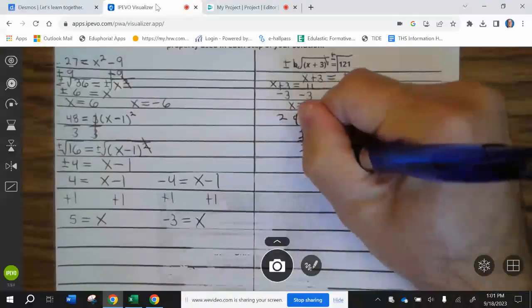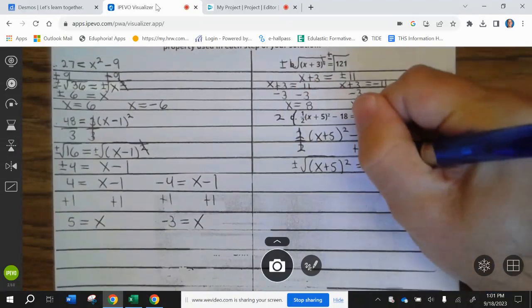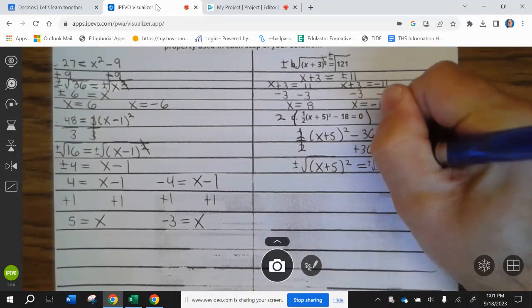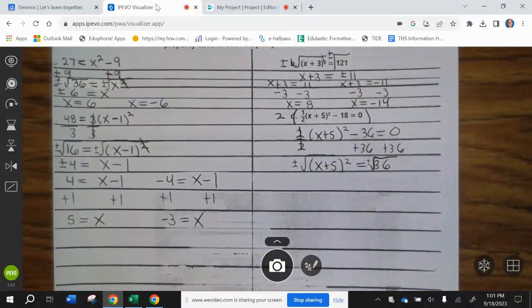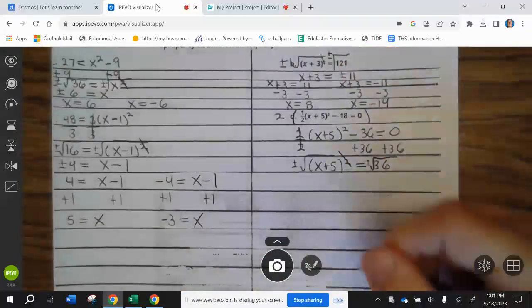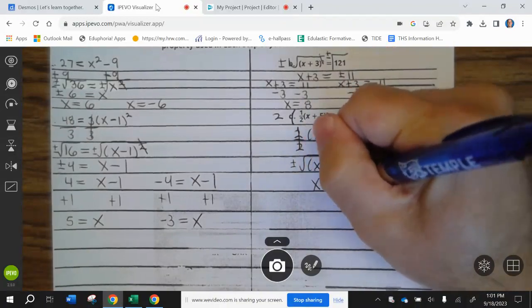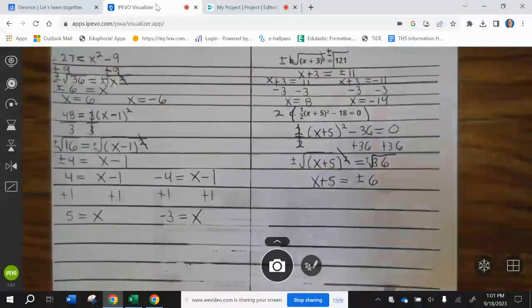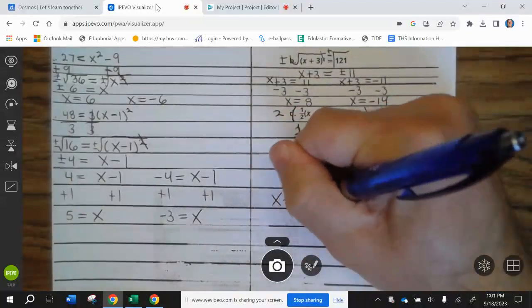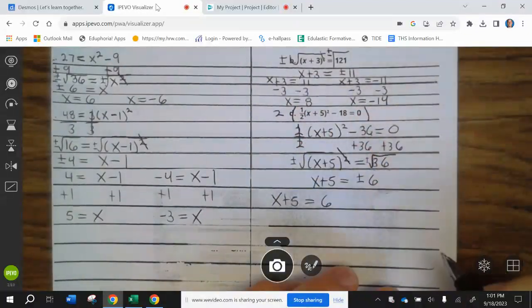We're going to take the square root of both sides. Remember, it's plus or minus. Okay, the square root cancels the squared. You're left with x plus 5 equals plus or minus 6. So x plus 5 equals positive 6.